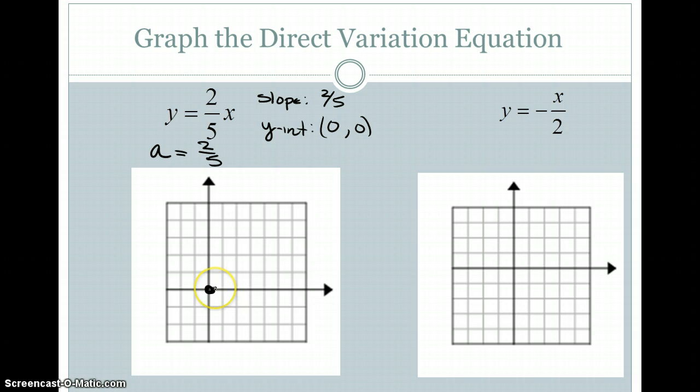Remember, your y-intercept, the b, is where you begin, and your slope is where you move. Because this is positive 2 over 5, I'm going to go up 2 and right 5, because it's rise over run. Then you'll use your rulers to connect your dots.